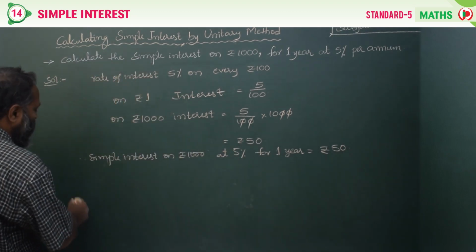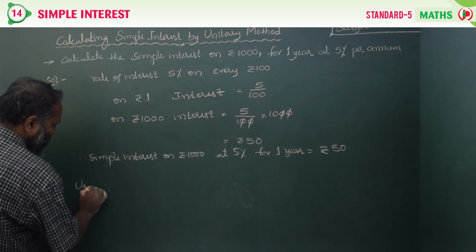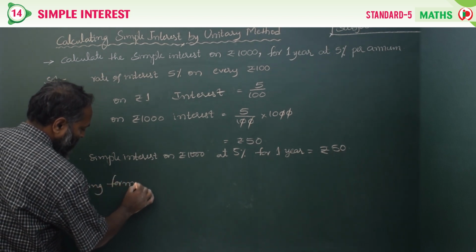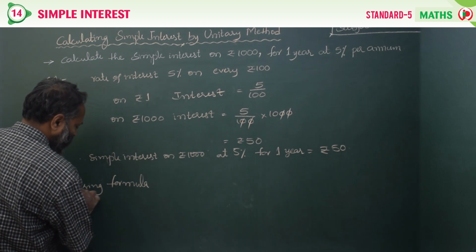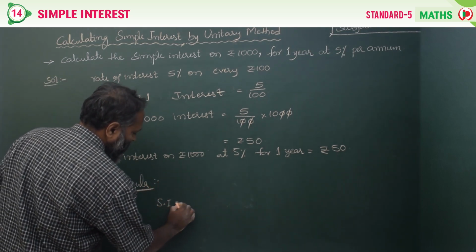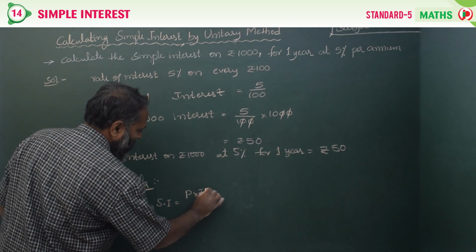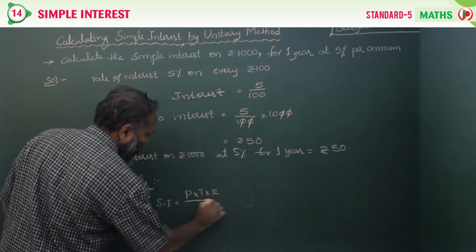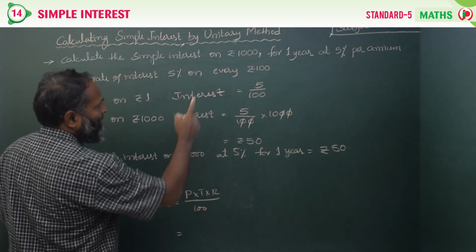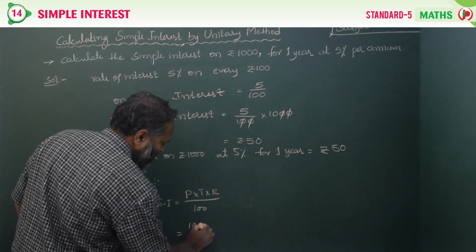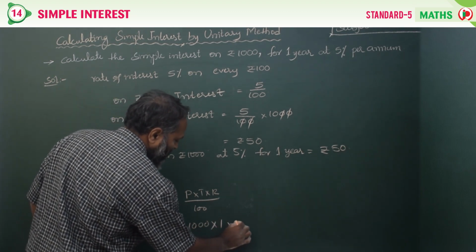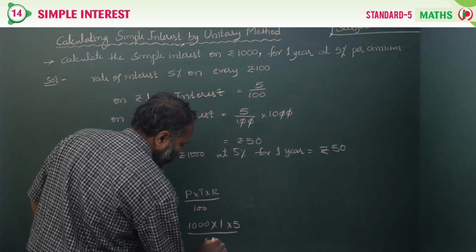Then, using the formula, how to find simple interest: Simple interest is equal to P into T into R by 100. The principal amount is 1,000 rupees, the time period is 1 year, and the rate of interest is 5 by 100.